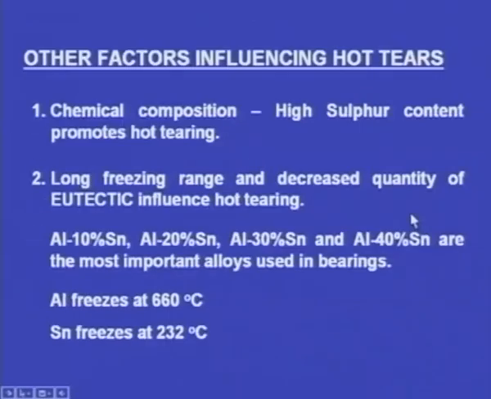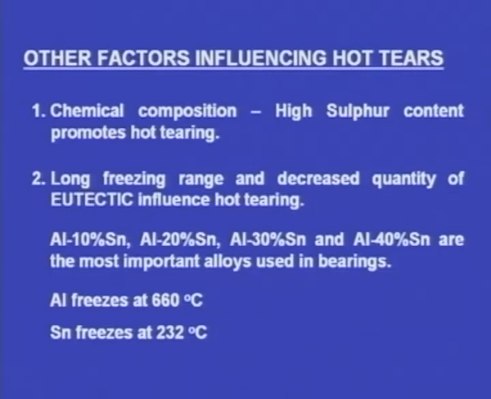And there are other factors responsible for the formation of hot tearing. One is the chemical composition. High sulfur content promotes hot tearing. Next one, the long freezing range of an alloy is responsible for the formation of hot tearing. Pure metals freeze at a particular temperature, whereas an alloy freezes over a range.